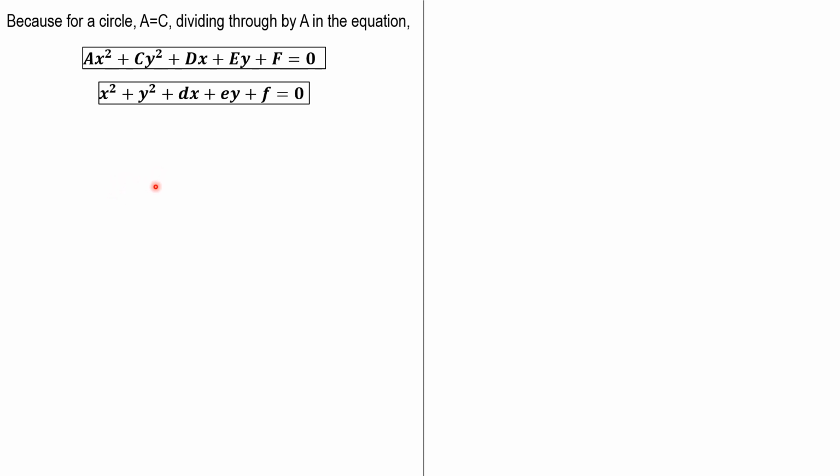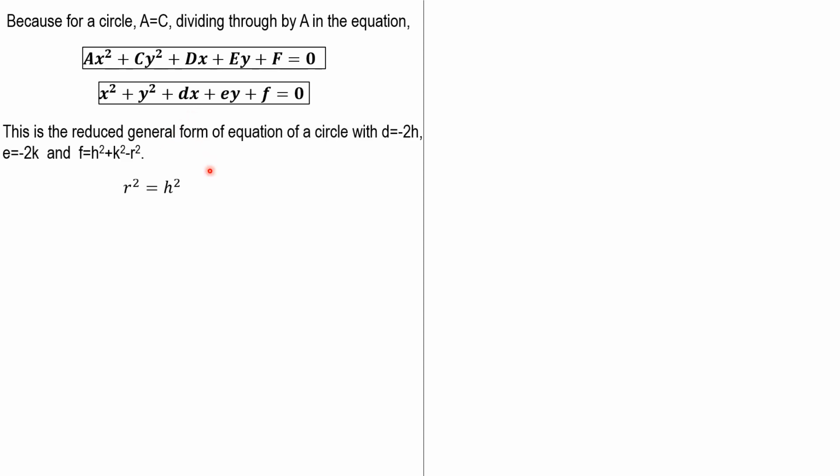So this is the reduced general form of the equation of a circle with d equals negative 2h, e equals negative 2k, and small f equal to h squared plus k squared minus r squared. So from this equation, r squared equals h squared plus k squared minus f.